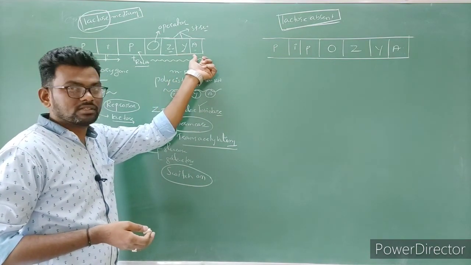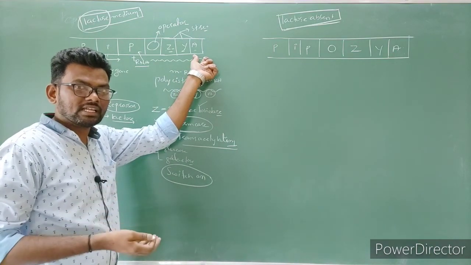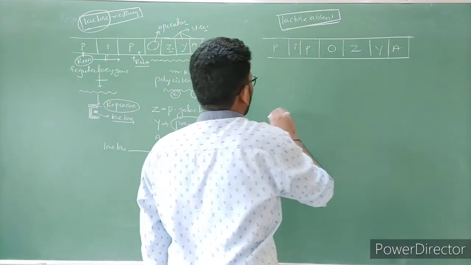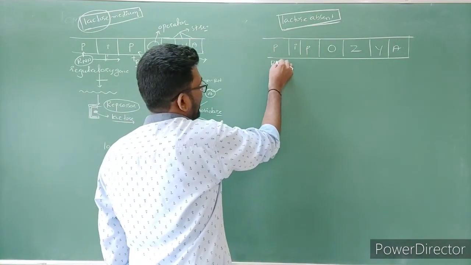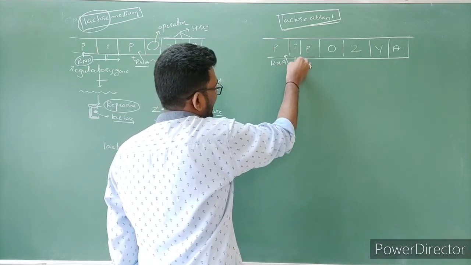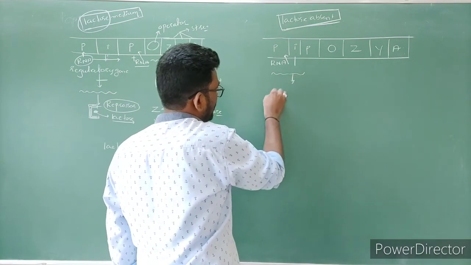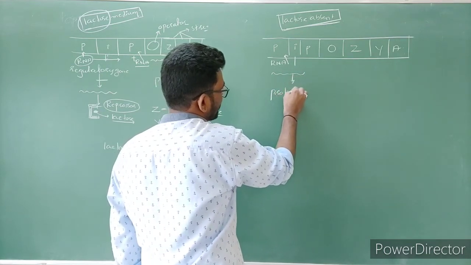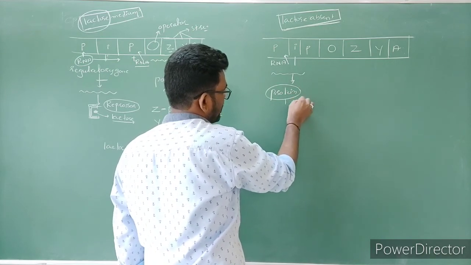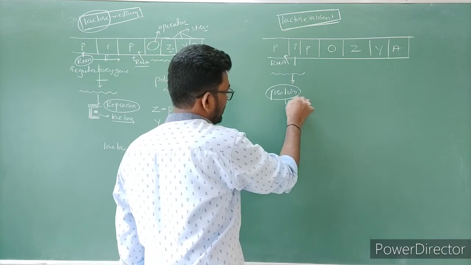The ZYA genes are not expressed and no enzymes are released, right? Let's see. If lactose is absent, as usual, first RNA polymerase binds to the promoter, next the I gene is transcribed to form mRNA, and one protein is formed. This is the regulatory gene protein.